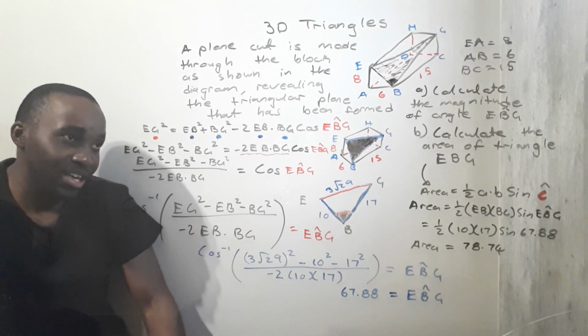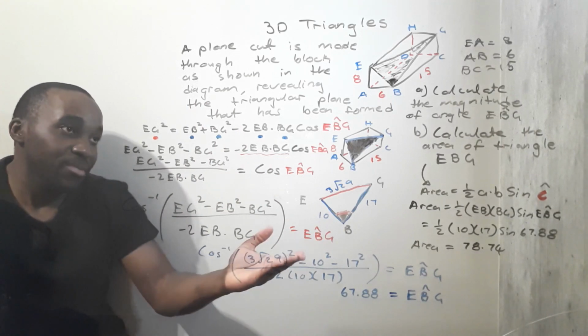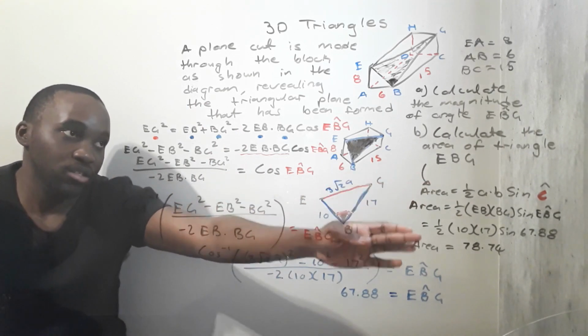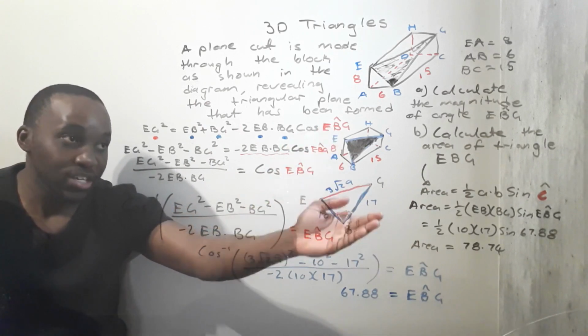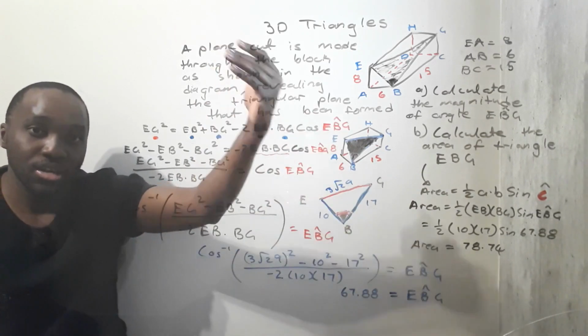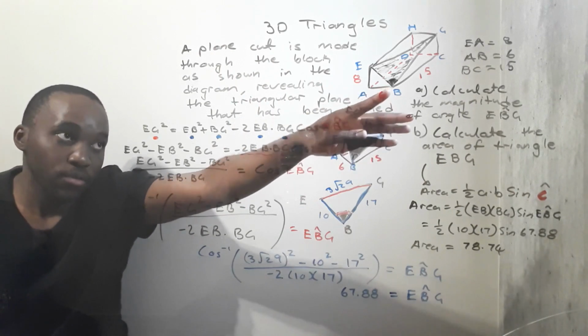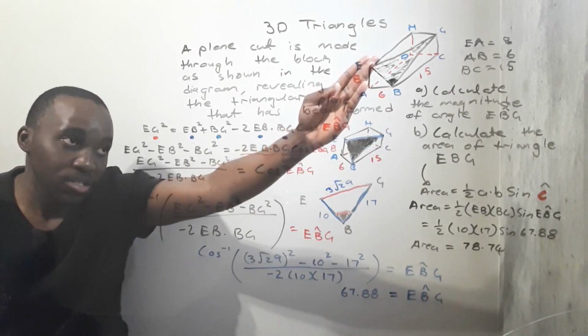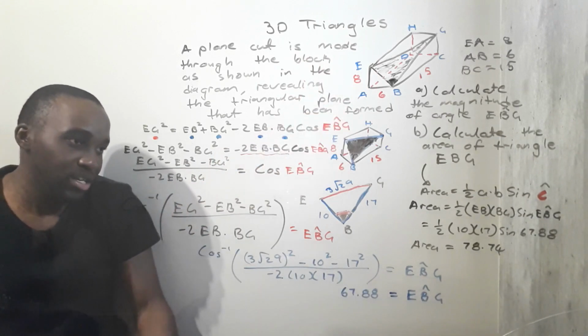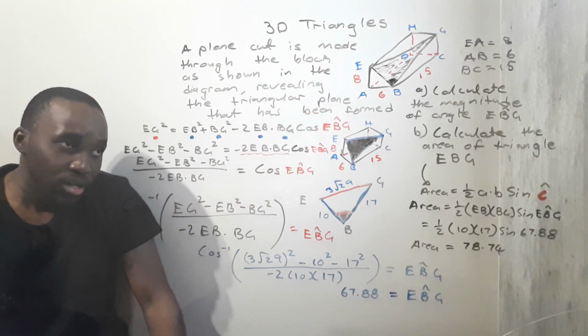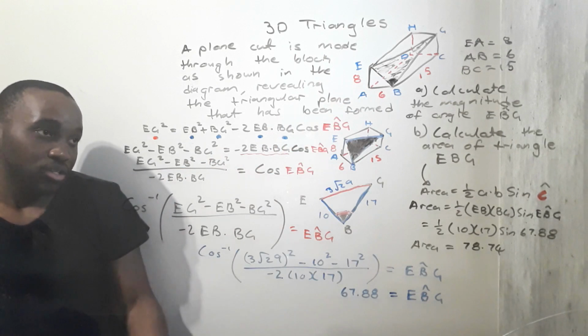So funnily enough, if they had just from the get-go said get the area of this triangle, we would firstly need to do everything that we did, because we need to get that angle first, right? And then before getting that angle, we need to get all those dimensions. So none of the things that we did here is avoidable for you to answer any of these questions.